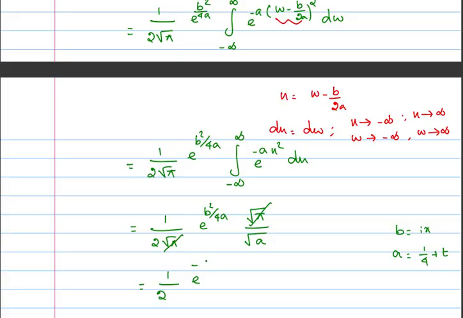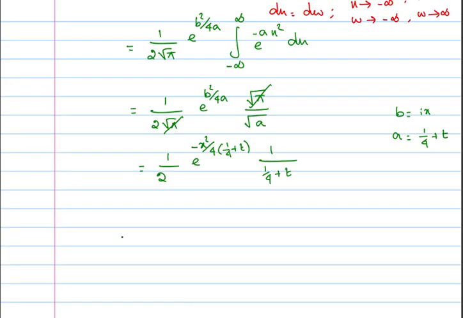So, what is b square? b square is minus x square. So we get 1 over 2, exponential of minus x square divided by 4 times (1 by 4 plus t), times 1 over the square root of (1 by 4 plus t), which is 1 divided by 2 times exponential of minus x square divided by 4t plus 1, times 1 over 4t plus 1 times 4. This 2 will cancel.